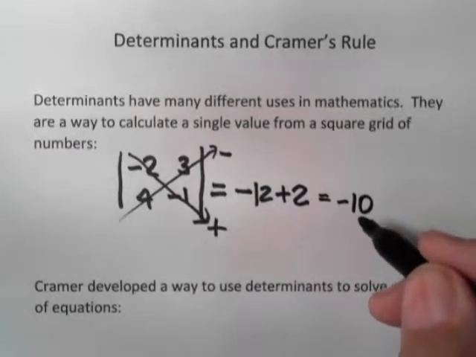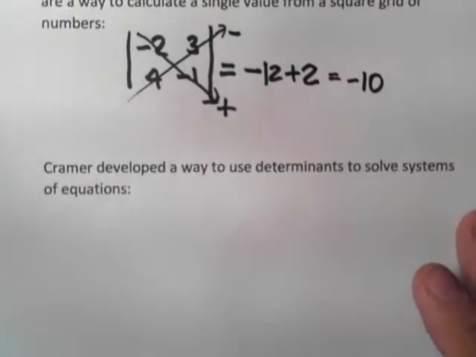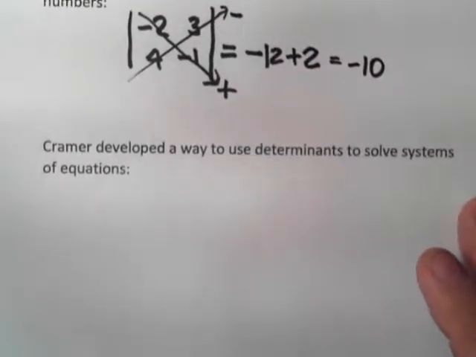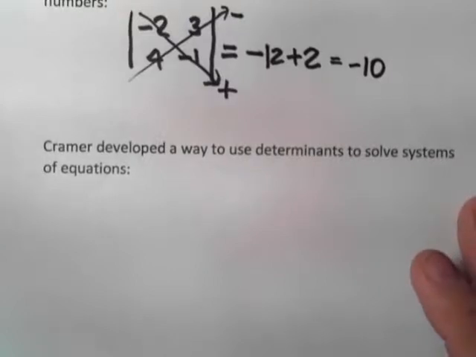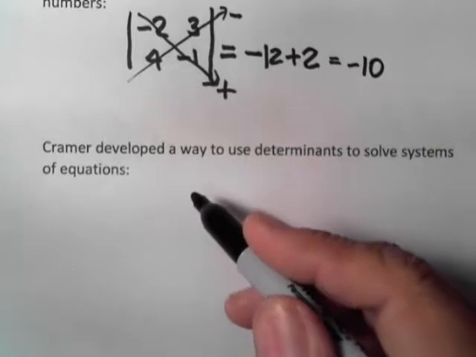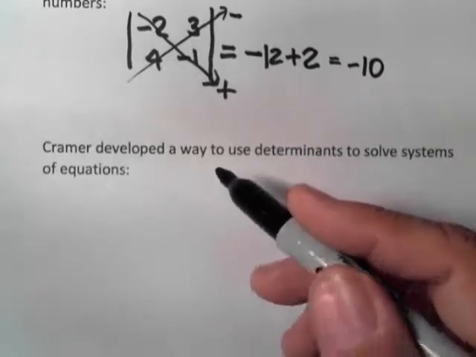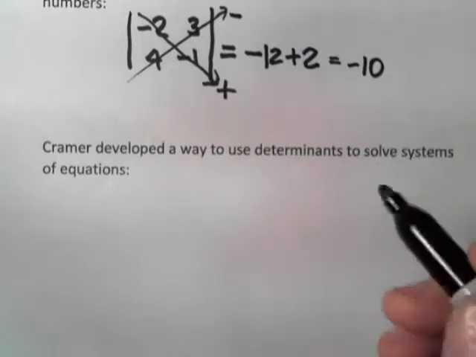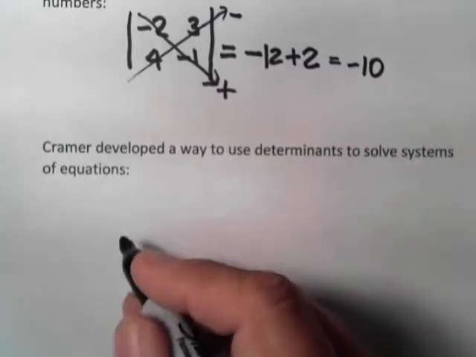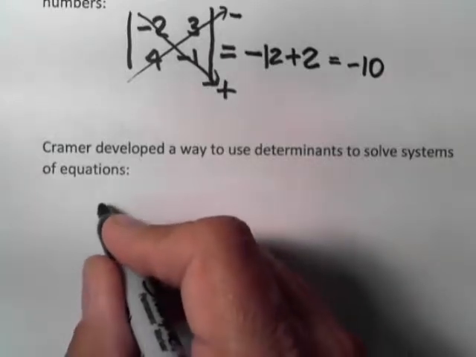Okay, well now, Cramer worked up a way of being able to use determinants to find the answers to systems of equations. And this determinant business can also be programmed pretty easily, so that's what makes it nice. But anyway, here's what's going to happen. We're going to find 3 determinants. I'm just going to mention them to you right now.